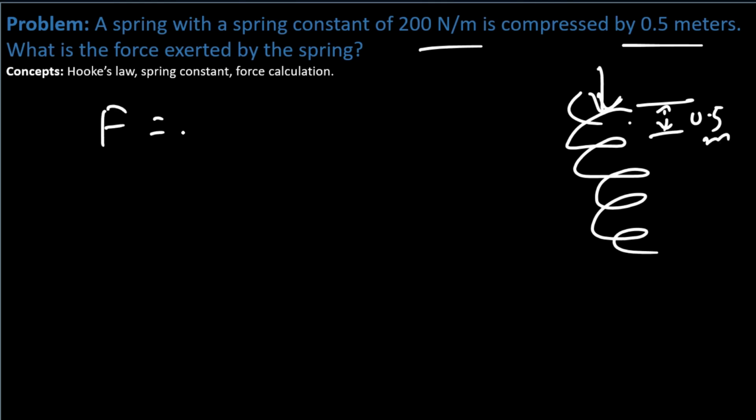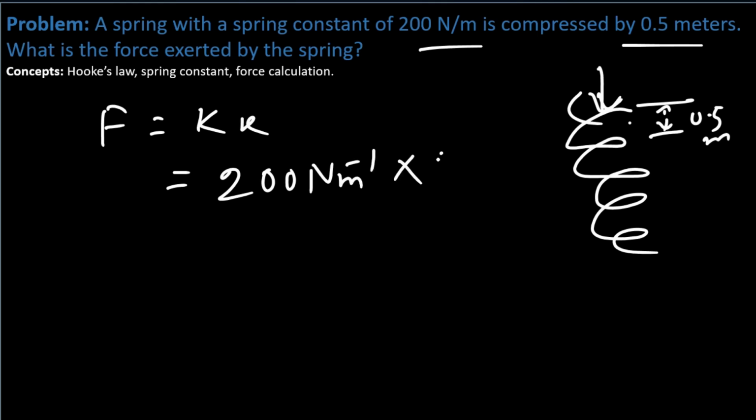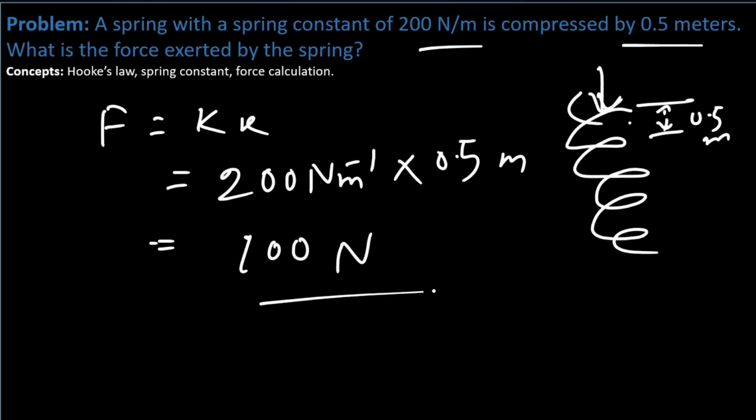F equal to Kx, K equal to 200 Newton per meter times 0.5 meter. So 200 times 0.5 equals 100 Newton will be the answer. What is the force exerted by the spring? 100 Newton.